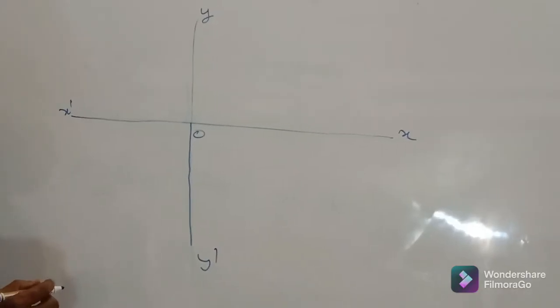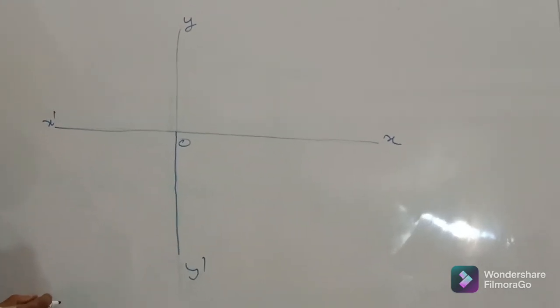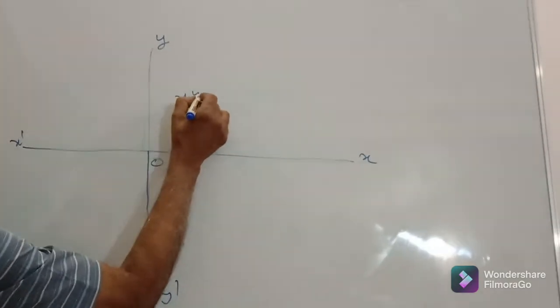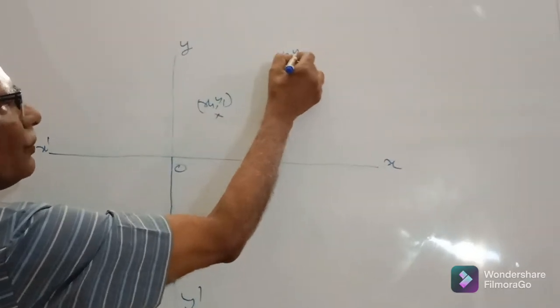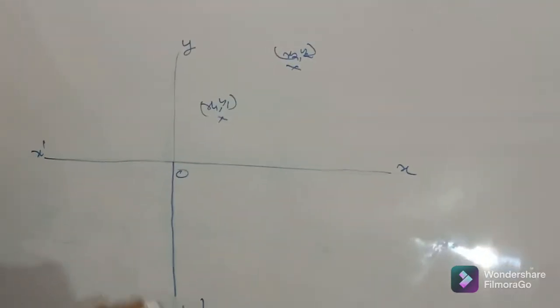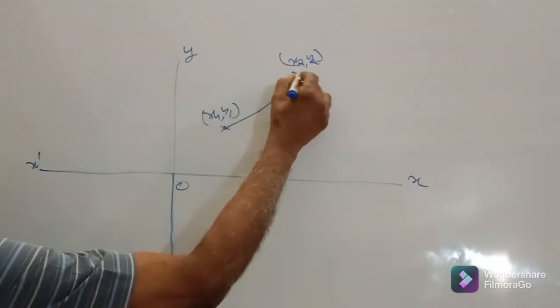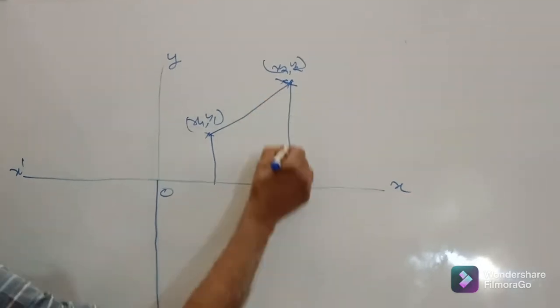The application of Pythagoras theorem for getting the distance between 2 points. If there is a point x1, y1, another point x2, y2, we need the distance between the 2 points. Now we draw perpendicular to the x-axis.